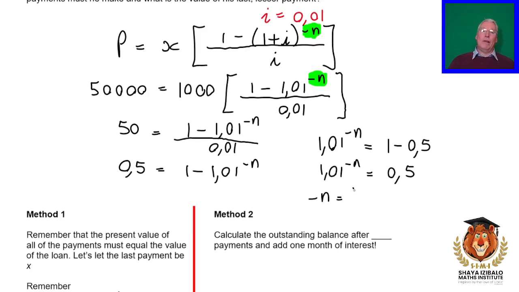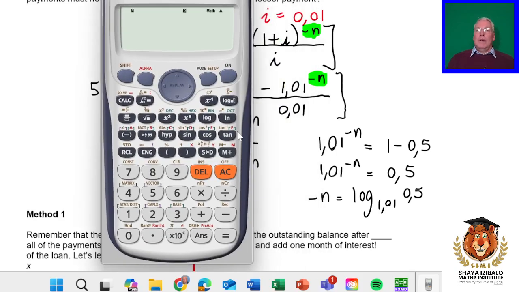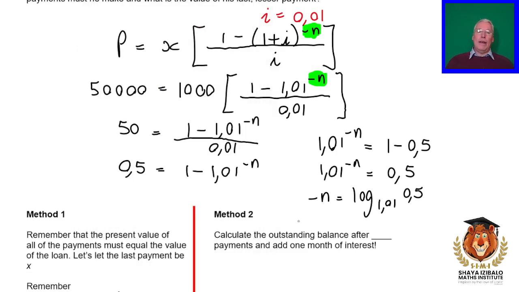Negative n will be the log base 1.01 of a half. Okay, let's see what that comes to. Log base 1.01 of 0.5, and we get negative 69.7. All right, so n is 69.7.